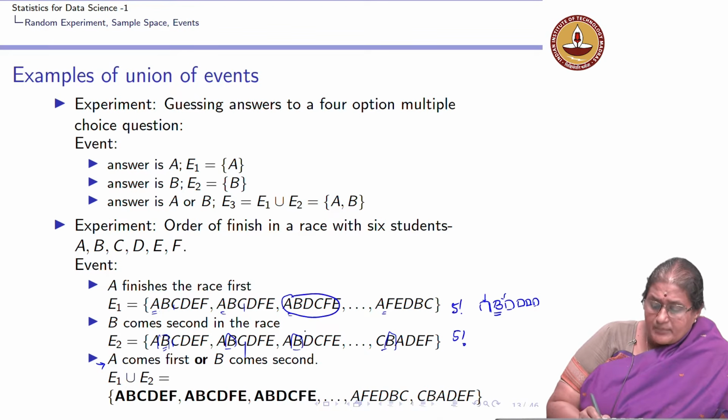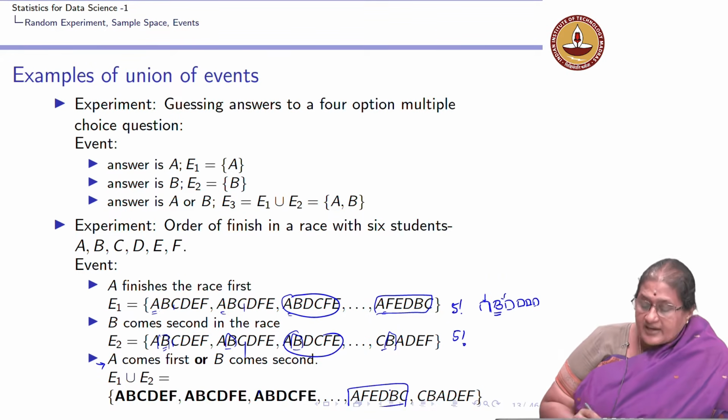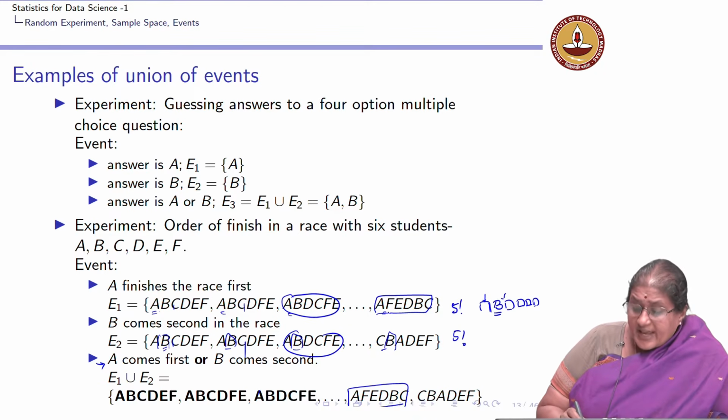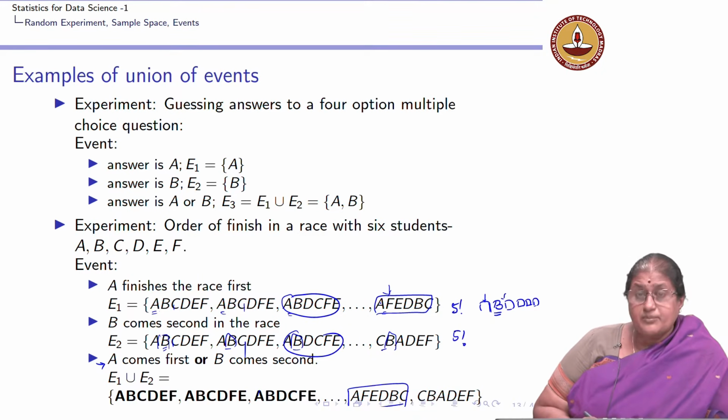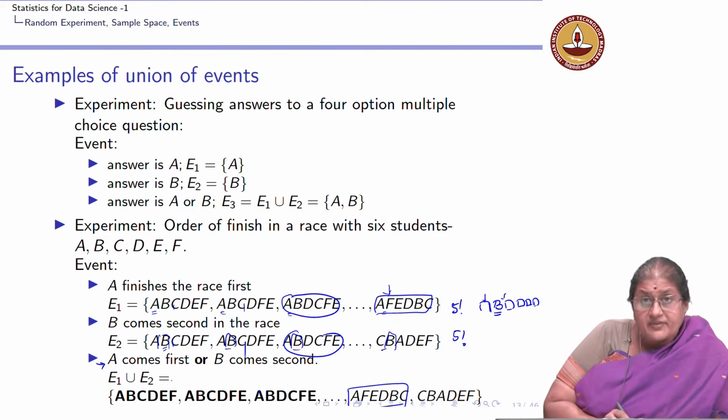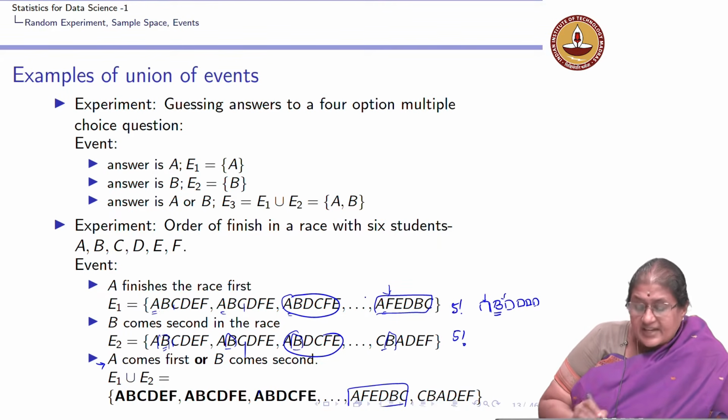This event A, B, D, C, F, E is also common to both of them. But this event is not in E2, but I am including it here because it is occurring in E1. This event A, F, E, D, B, C does not have B in the second position, but I am including it in E1 union E2 because it is occurring in E1.